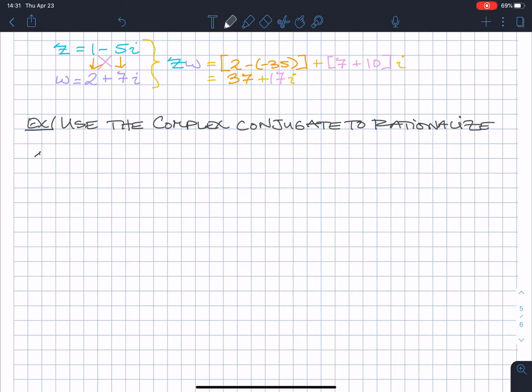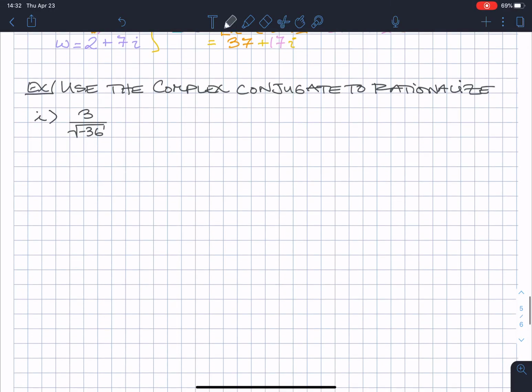So number one, let's say we have 3 divided by the square root of negative 36. I claim that that's 3 over 6i, because the square root of 36 is 6, and the square root of negative 1 is i.